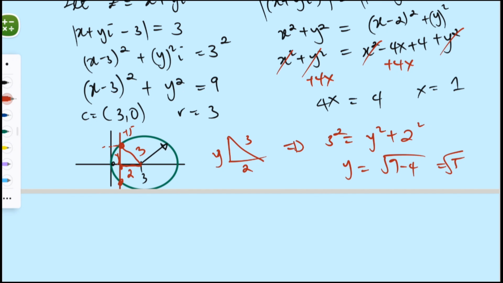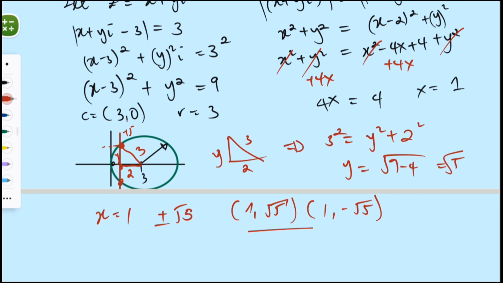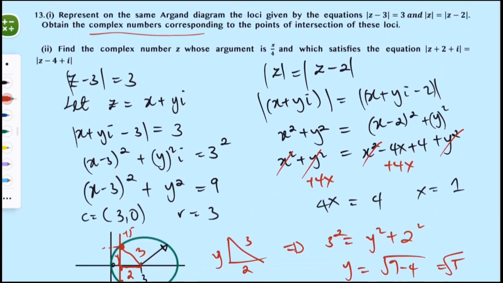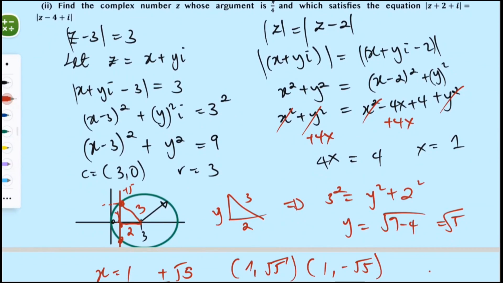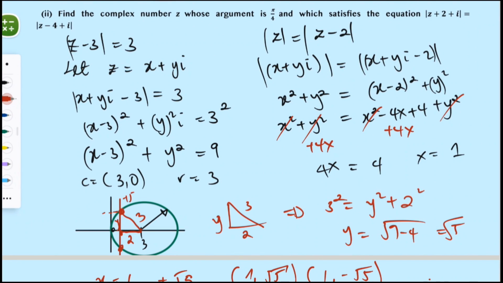So it means that the point of intersection is, when x is 1, we have two values, positive and negative root 5. So that gives us 1 comma root 5, 1 comma negative root 5. There we go.